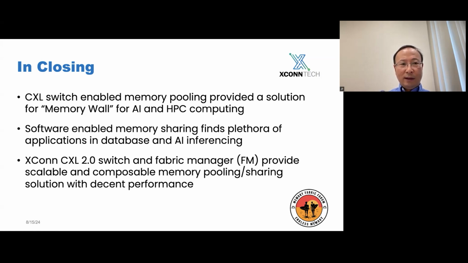Even at CXL 2.0, software-enabled memory sharing, for example some solutions from MemVerge, the Gismo software, already enables the memory sharing of CXL memory. That kind of memory sharing solution will have a lot of use cases, a lot of applications to take advantage of.